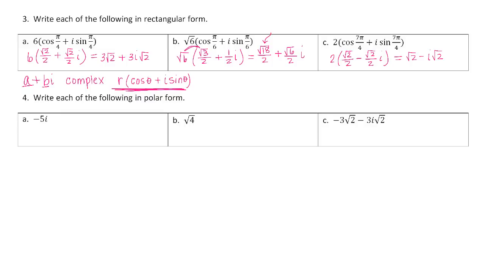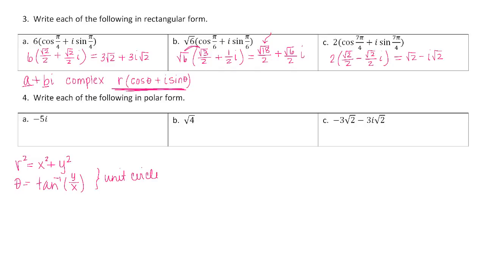To find r, our formula, remember, is r squared equals x squared plus y squared. And then to find theta, we did inverse tangent of y over x. And again, these were all non-calculator. So you're going to need your unit circle for this. If you don't have your unit circle, you need to get one before the 9 weeks exam.